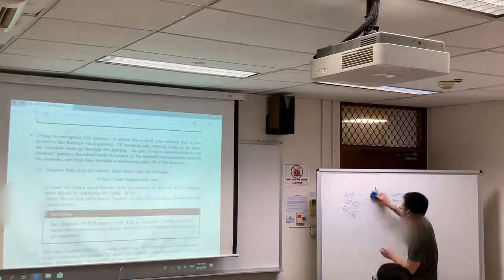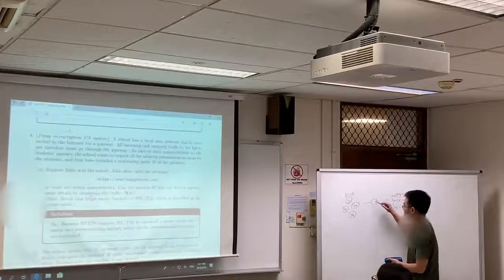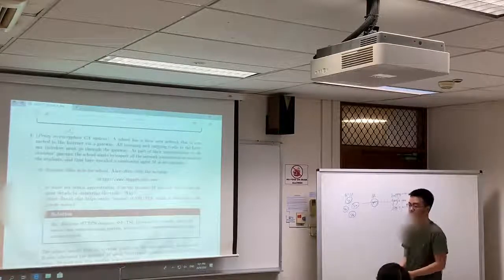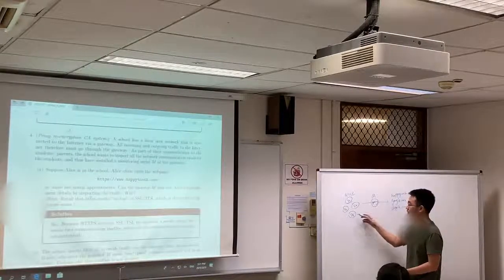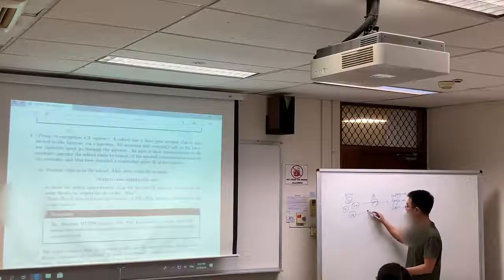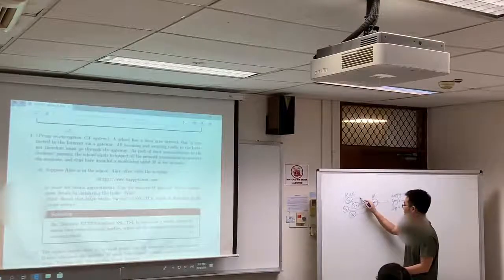Now in this particular scenario, the school will set a gateway here to monitor all the information between the machines in the school and the outside website. And every machine has to send the network packages outside through this gateway.